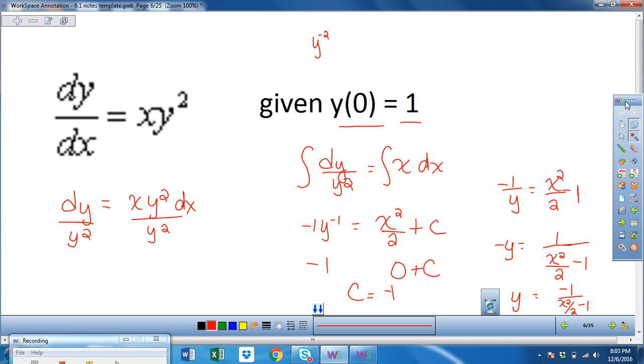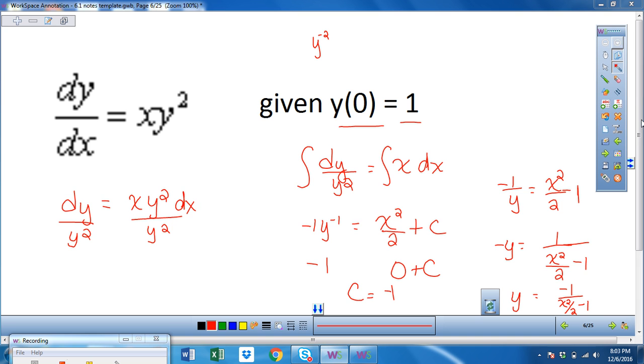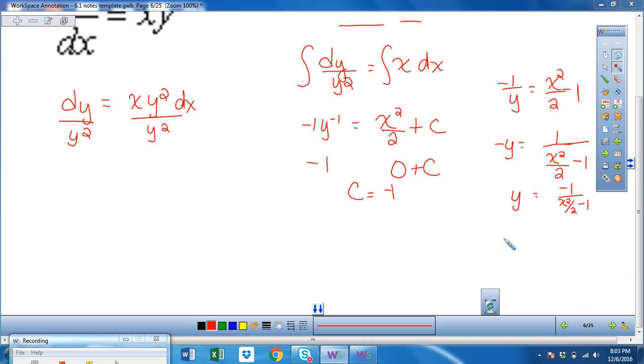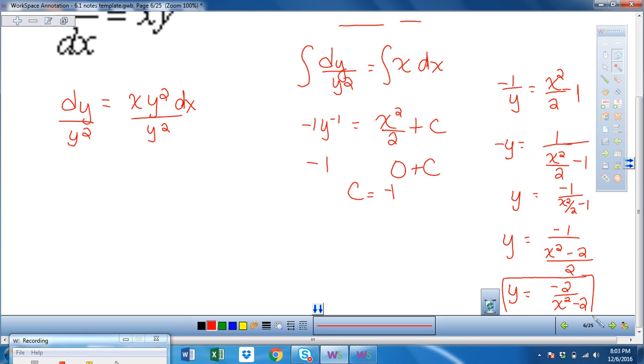And you might be thinking, well, that's a little ugly and a little convoluted. Okay, well, let's clean it up a little bit. We can use a common denominator, and we get negative 1 over x squared minus 2 over 2. Which then gives us y is equal to, multiplying by the reciprocal, negative 2 over x squared minus 2. And that's probably the way that I would prefer to write that and see that written. And it's probably what you'd see on a multiple choice test.